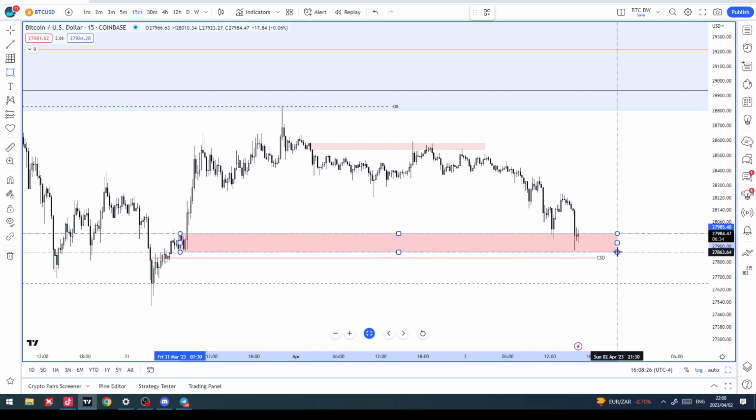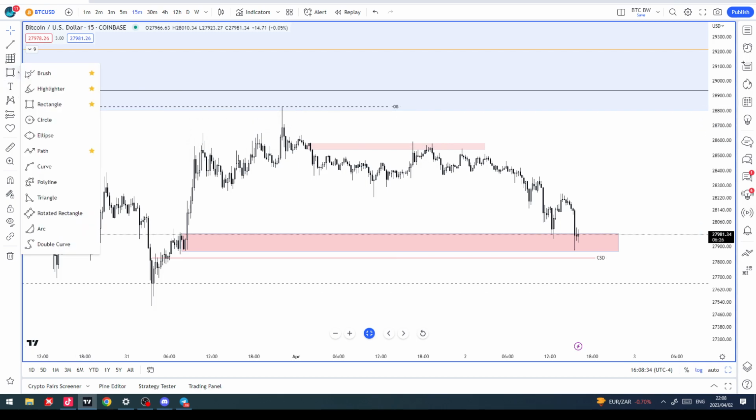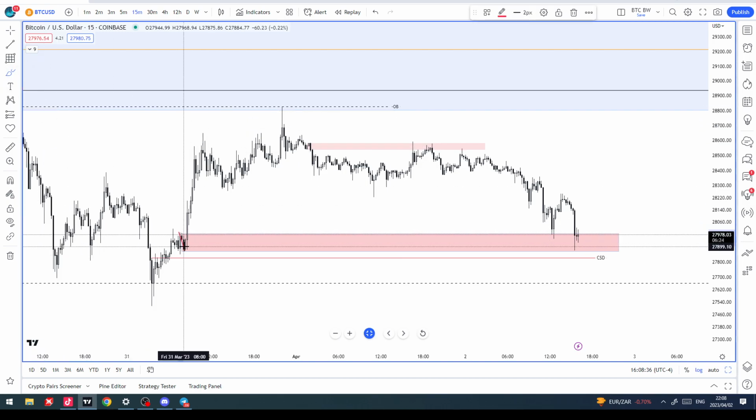You see? Because these down candles led to an explosive move. This down candle gave you CSD, but no explosive move out, no sponsorship, no backing.